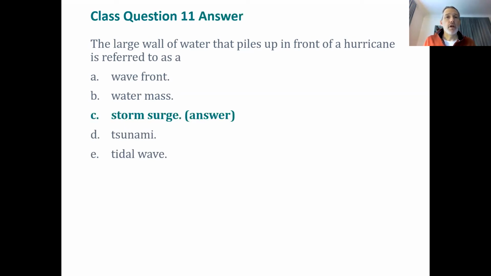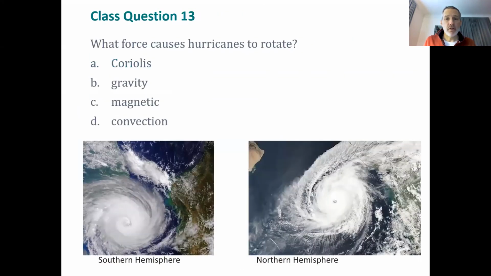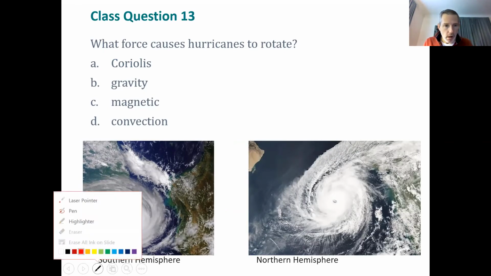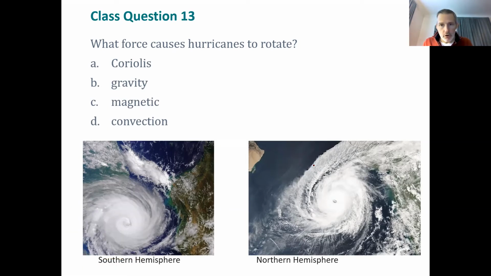And so when we start looking at the hurricane, if this hurricane comes in at an angle, let me get my draw function. So the storm surge would be building right along this portion of the storm. Depending on the angle as a strong storm is approaching, it's approaching right here.